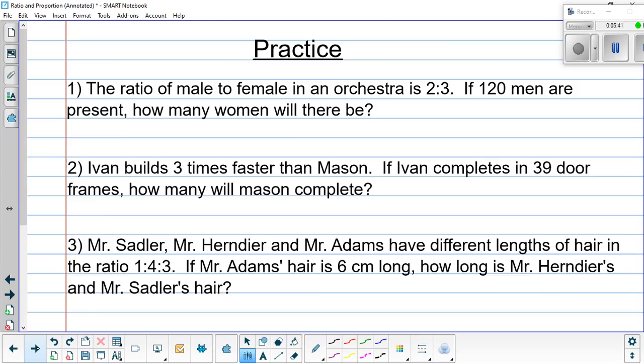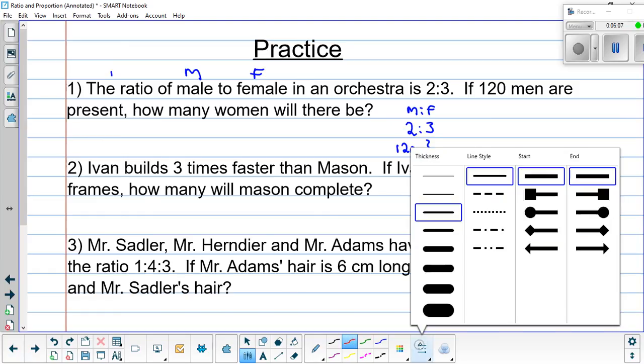Right, so we're going to do this with M and F for this first. So M, F, male, female, 2 to 3. There's 120 men. How many women? Right? So how can we go either from 2 to 3 or 2 to 120?